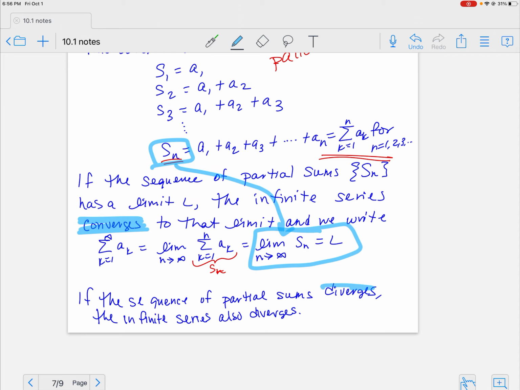If not, then it diverges, if it goes to infinity or doesn't have a pattern or whatever that is. If it doesn't come up with a specific number, just like in our sequences, then it diverges. And if my partial sums diverge, so does the series. Okay? Well, you know we're going to do examples. Sit tight.